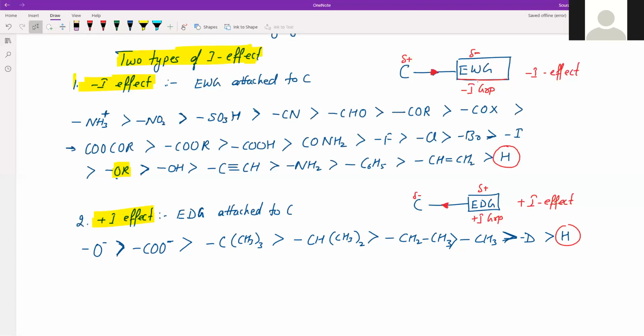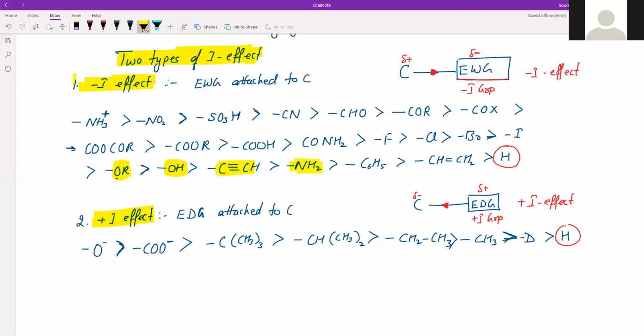It is also important to note that minus I of OR, which we have marked here, is more than minus I of OH. And minus I of C triple bond C, which is here, is more than minus I of NH2.